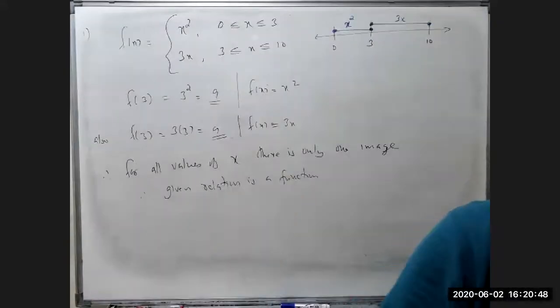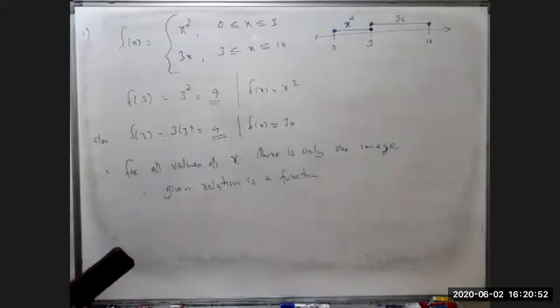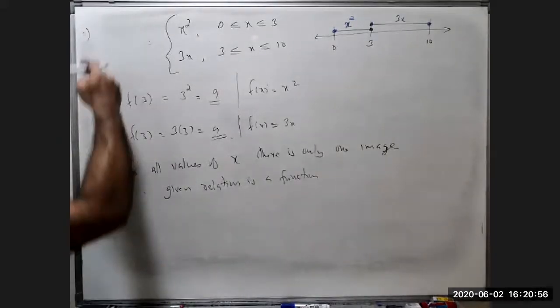Now, coming to the second one, the relation g of x. In the second, it is x squared for 0 less than or equal to x less than or equal to 2, and 3x for x greater than or equal to 2. So here it is 2.